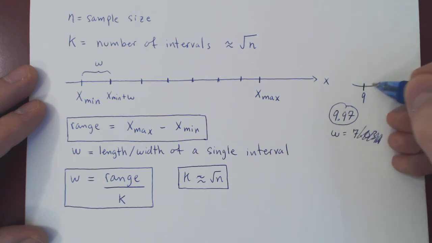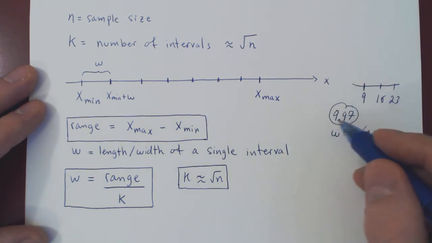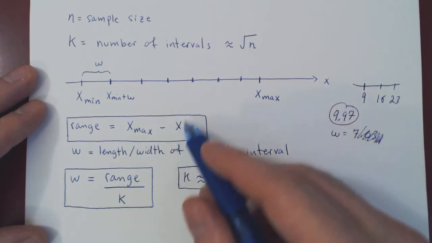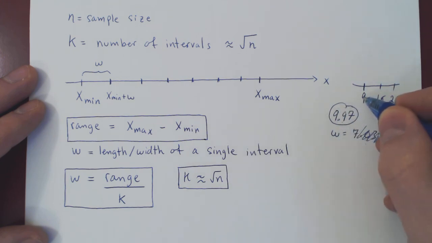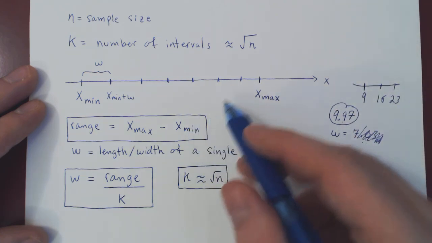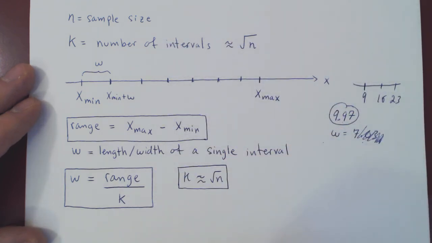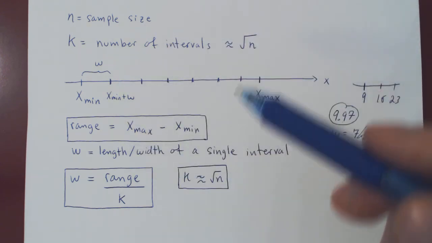So then I'll just do 9 plus 7, 16, plus 7, 23, and so forth. So you can deviate from your x min and your width as long as you stay close enough. Because again, these are simply general guidelines. As long as you stay close enough to the minimum value and to the actual width, you'll have a histogram that looks pretty much the same as the one you would get if you follow these guidelines to the letter. And that's it. So in our next video, we'll consider an example of these guidelines.